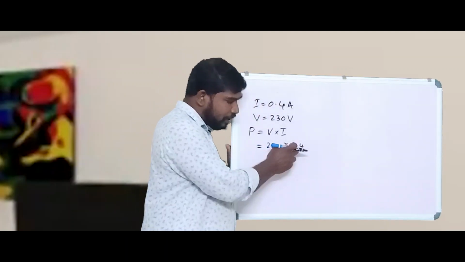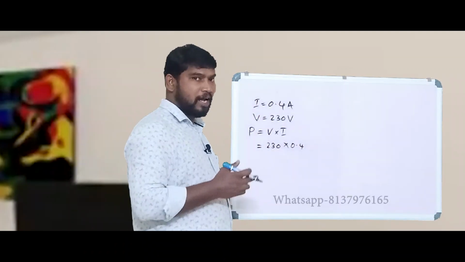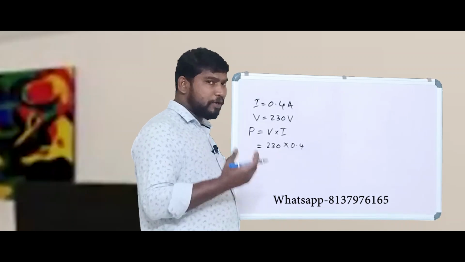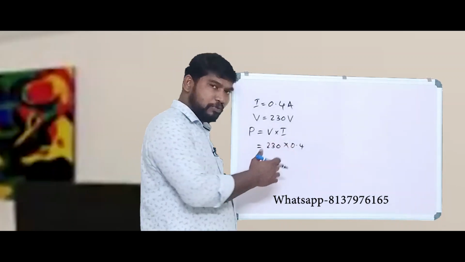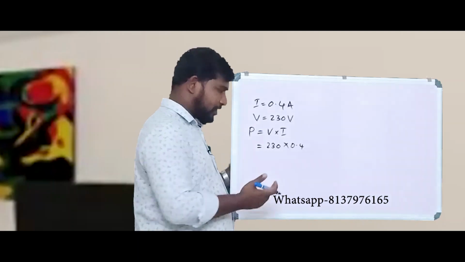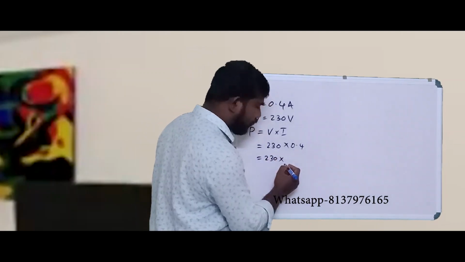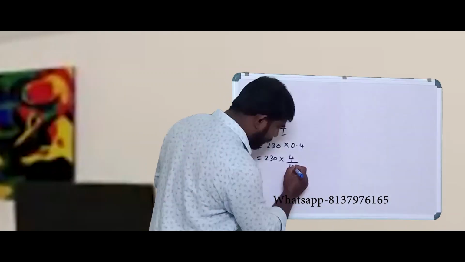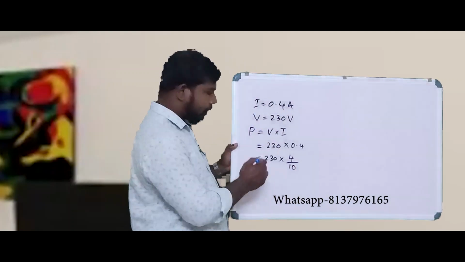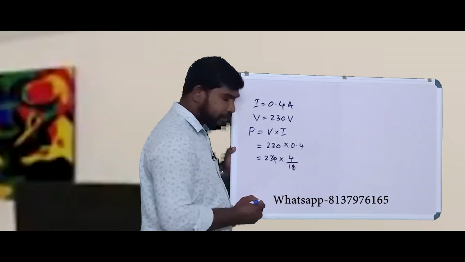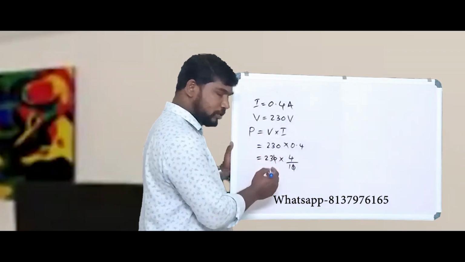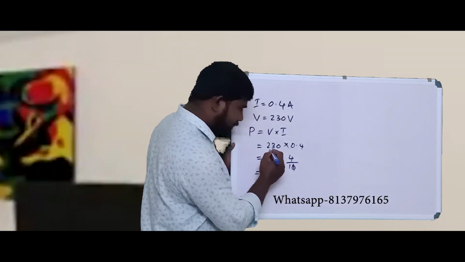Normally when a decimal number is there, as I already instructed you, make it a fractional number. It is very easy. 0.4 is 4 divided by 10. Then we can cancel the zero in the denominator and numerator.